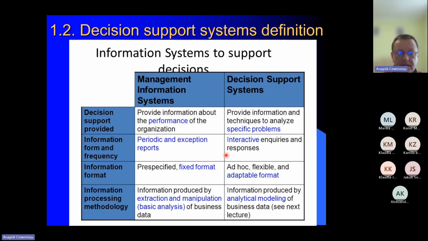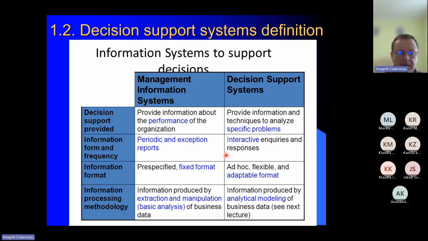Regarding formats, MIS usually has a pre-specified fixed format, based on top of organizational databases and transaction processing systems, while DSS has ad hoc, flexible, adaptable data formats, and even speech recognition, text mining, and so on, as information processing methodologies.